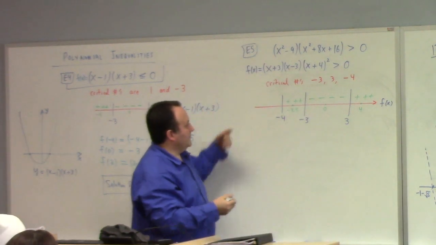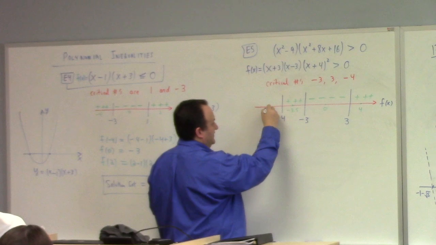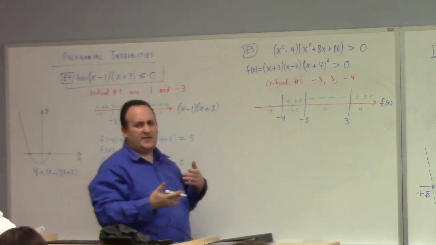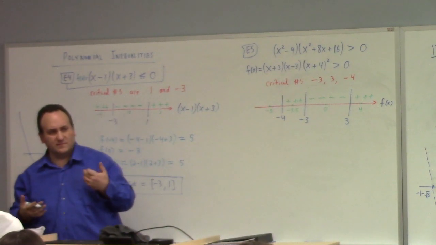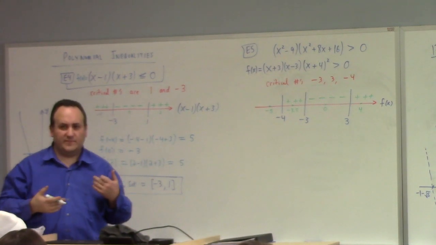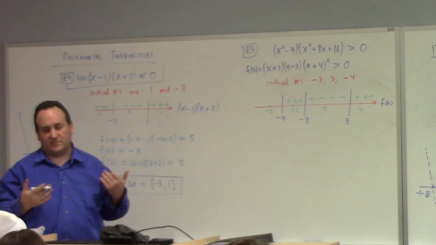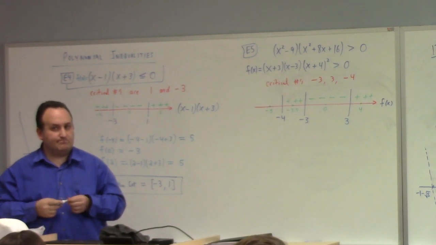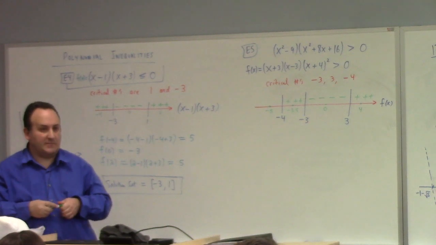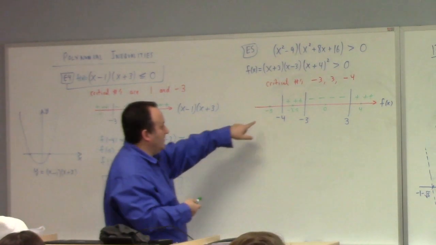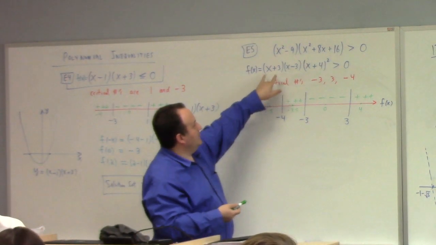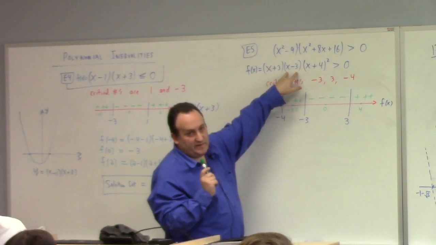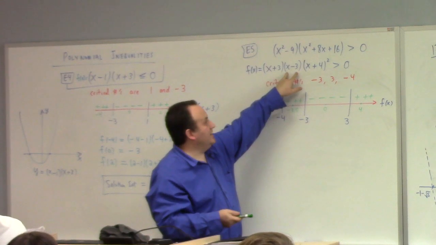Now, how about over here? Well, we could plug in, like, I don't know, -5. The test points I'm picking, how did I pick them? There's no hard and fast rule. You just need to find a point to test. It doesn't really matter which one. All right? As long as it's in the correct place. So -5 is over here. -5 plus 3 is -2. -5 minus 3 is -8.